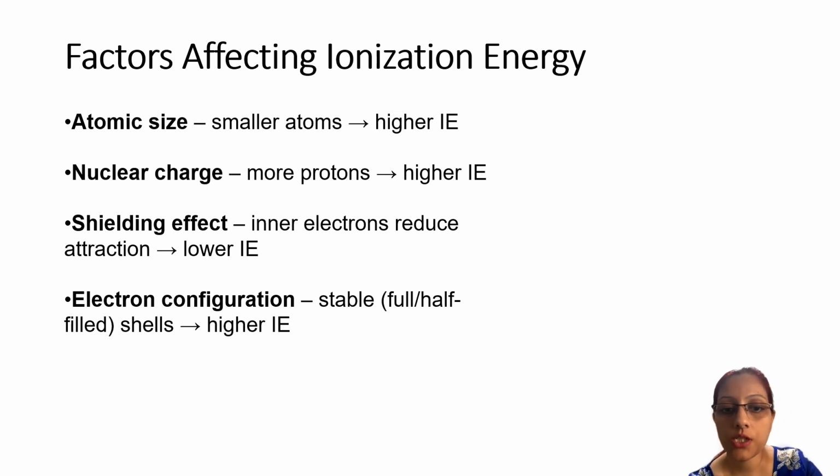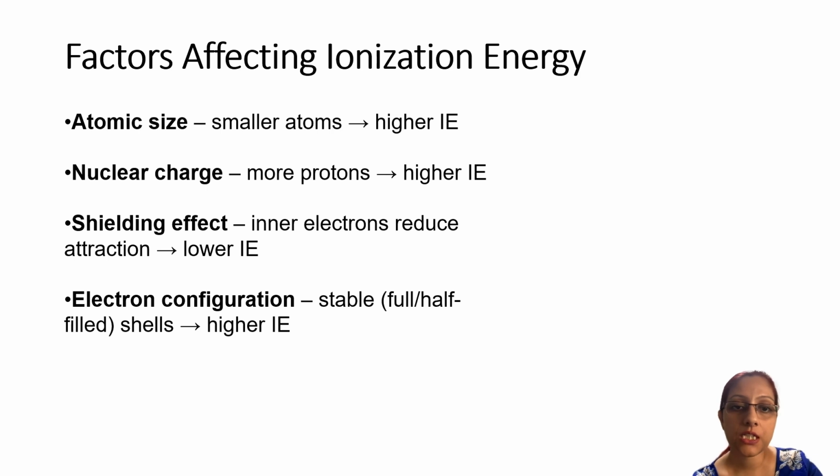Next is the nuclear charge. More protons in the nucleus pull electrons more strongly, so more nuclear charge means higher ionization energy. Next is the shielding effect. Inner shell electrons act like a shield, reducing the pull of the nucleus on the outer electrons. So when shielding increases, the attraction decreases and the ionization energy becomes lower.